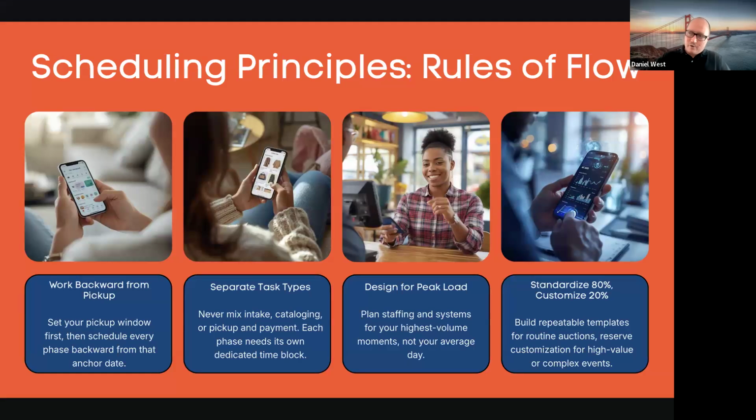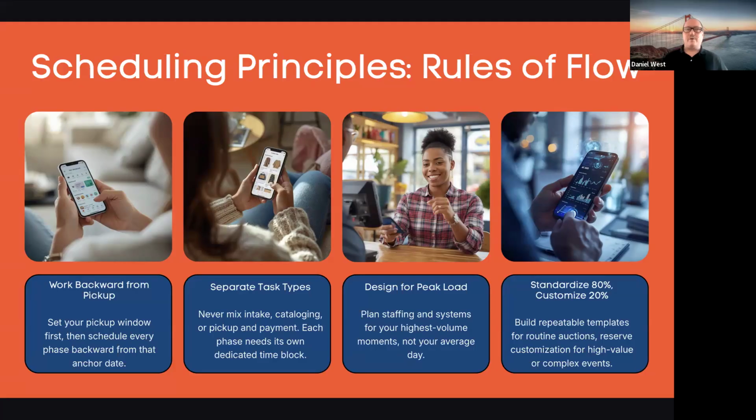And so you work all the way back to, when's the pickup, when's that going to happen? Then you go all the way back based upon what we were looking at before. How many days are you going to need for each phase? And that'll lead you to the start, when do you actually have to start the intake process?